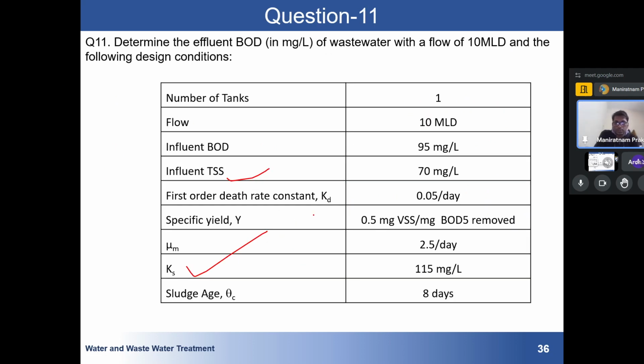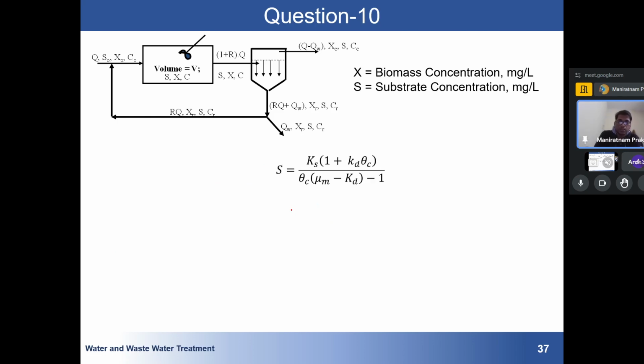The term Kd is also there, and a specific yield is also there. All the organic matter present here is not decomposing as it is. Initially all the organic matter was supposed to decompose, but it is saying that the organic matter does not decompose completely, 100%. So how much amount is decomposing, that is the specific yield. I will request you to go and look at the definitions of mu m and specific yield.